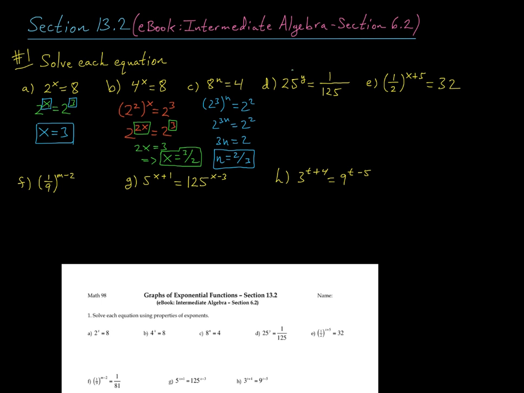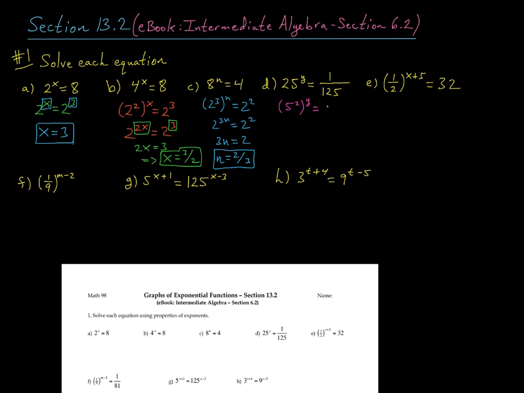Okay, great. D, I have 25 to the y equals 1 over 125. So for something like that, 5 would be a common base because 25 is 5 squared. That's being raised to the y power. And then 125 is 5 cubed, but notice it's 1 over 125.